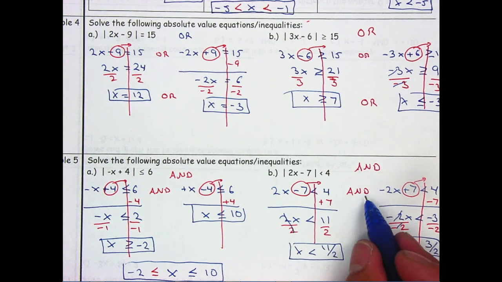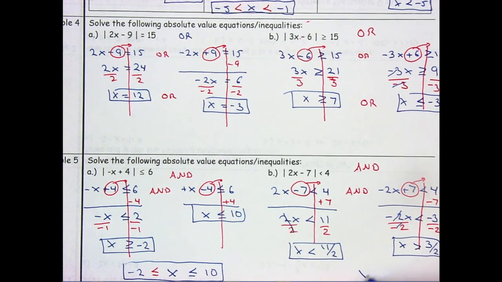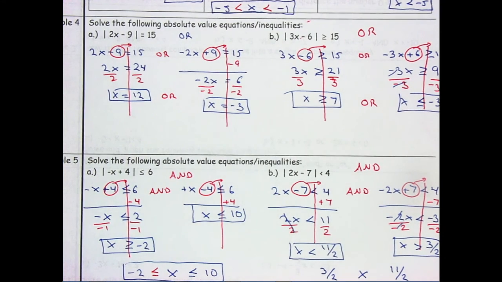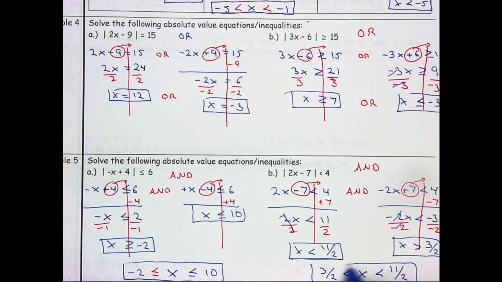Remember, since this is an AND, we're going to rewrite it, x in the middle. We're going to place the smaller one on the left hand side, which is 3 halves, the bigger one on the right hand side. This one's exactly the same. The alligator is in the x. The way we read this is 3 halves is less than x, which is less than 11 halves.